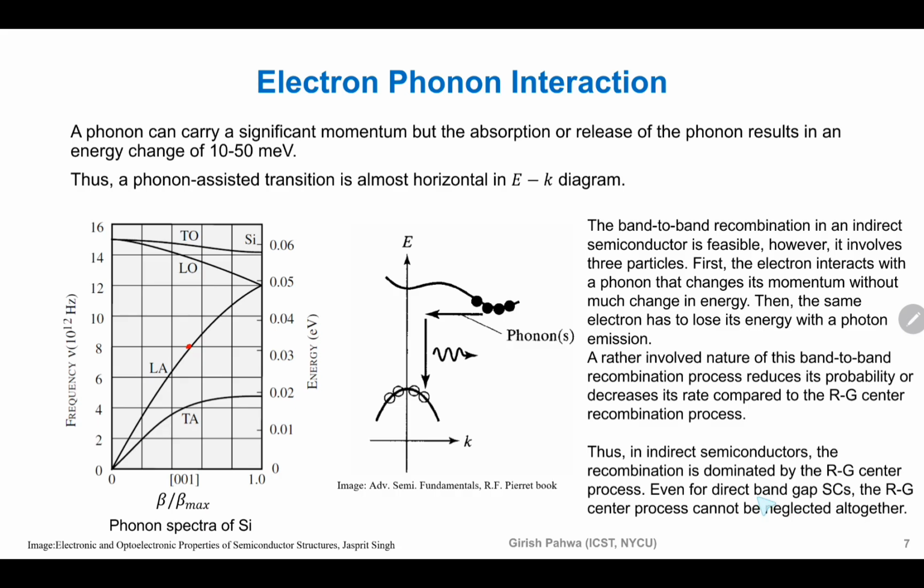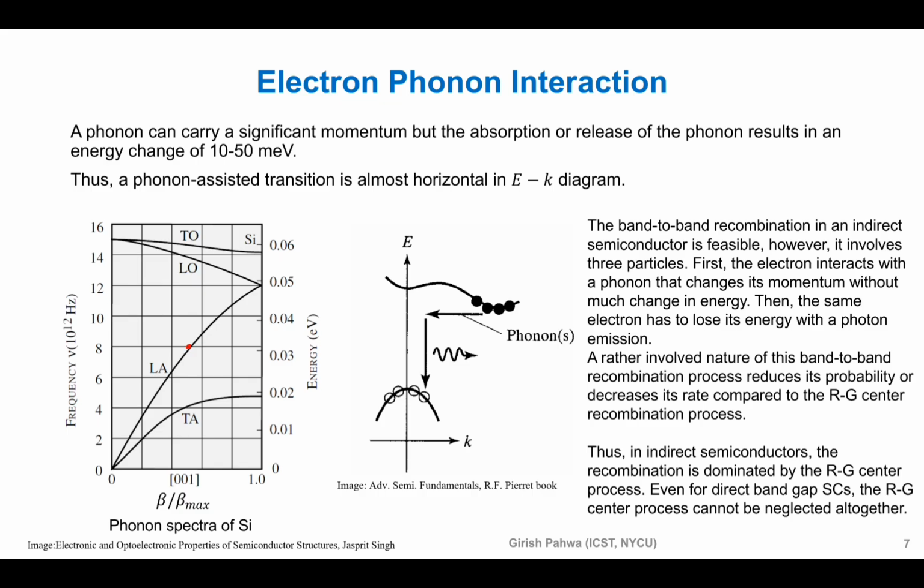Even sometimes in a direct band semiconductor, this RG center process is also happening, and in some situations, even in a direct band semiconductor, this RG center process can dominate. So it's all relative. Which one has more probability of happening, which one has a more rate, that will be dominant.